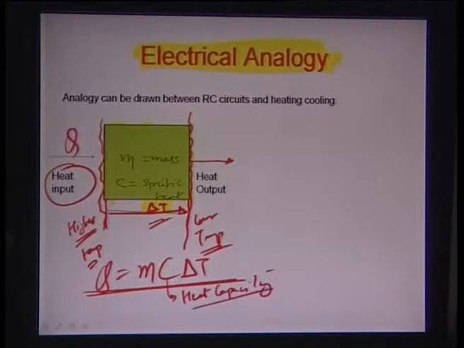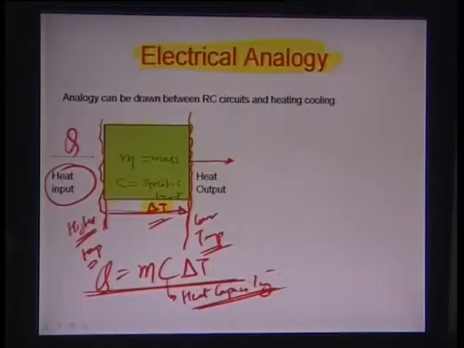So essentially this is the ability of a material to store heat, the capacity of a material to store heat. An equivalent in the electric circuit is capacitance, but there it is the ability of a system to store charge instead of heat.